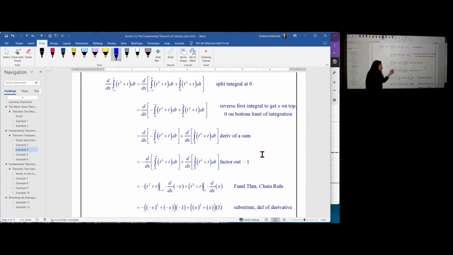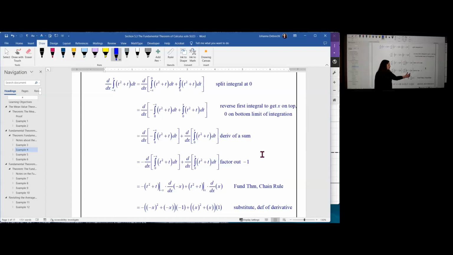Now I can go ahead and apply the Fundamental Theorem of Calculus Part 1 with the chain rule. This means I take the integrand and I evaluate it when t is equal to the upper limit of integration, -x, multiplied by the derivative of the upper limit of integration, -x.